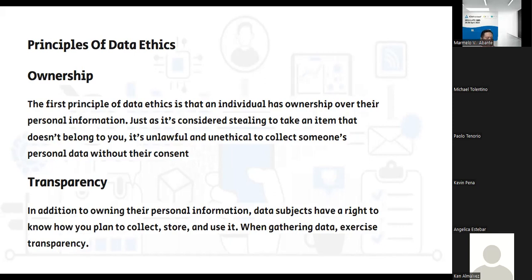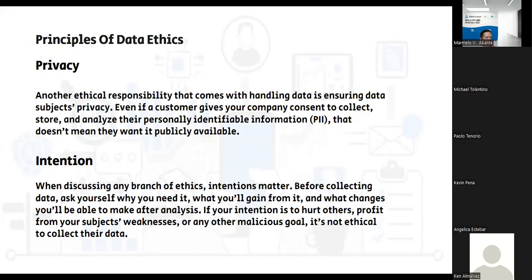Next is privacy. Another ethical responsibility that comes with handling data is ensuring data subjects' privacy. Even if a customer gives your company consent to collect, store, and analyze their personally identifiable information, that doesn't mean they want it publicly available. PII is any information linked to an individual's identity.